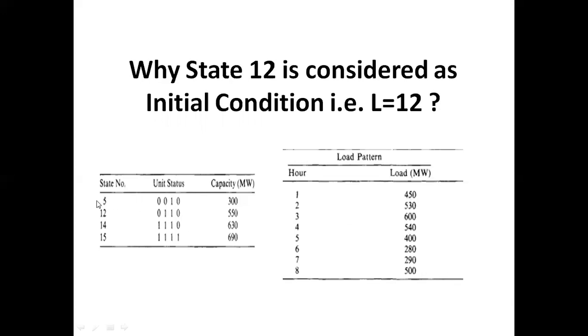State 5, that is when only unit 3 is in operating condition, can produce a maximum of 300 megawatt capacity. So this cannot meet the load demand of 450 megawatt for the first hour. But state 12, when units 2 and 3 are on, has a capacity of 550, so it meets the load demand of 450.